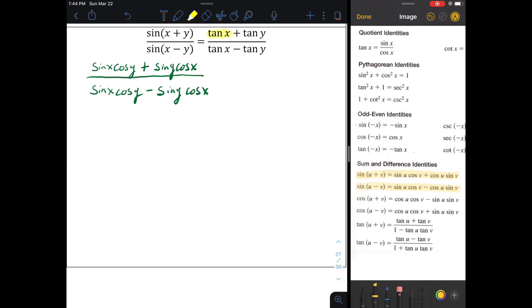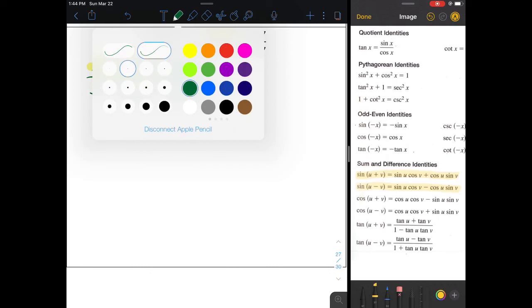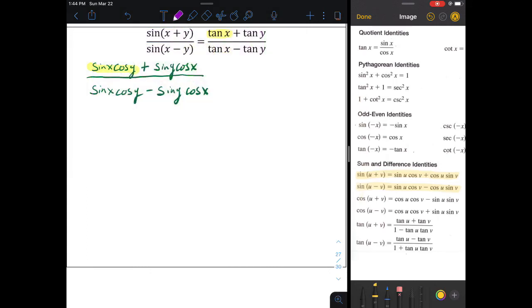All right, so let's look at this top one. All right, how would I make tangent of x when I have sine of x times cosine of y? Well, I can make that if I was to multiply that by, because I needed to get rid of the cosine of y, 1 over cosine of y, so that would remove the cosine of y.